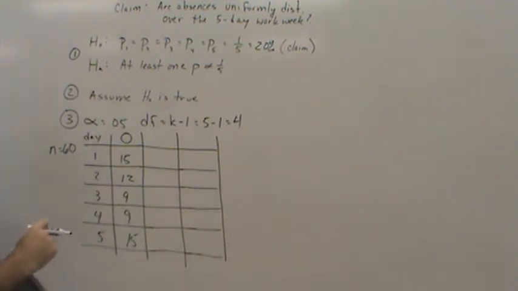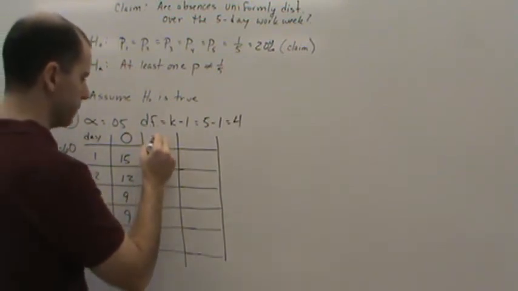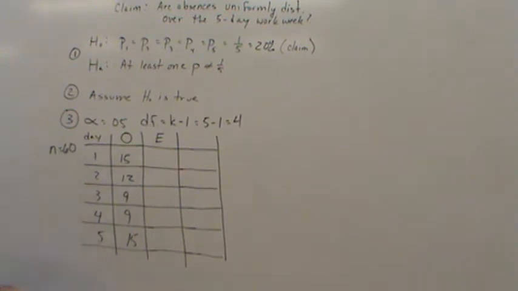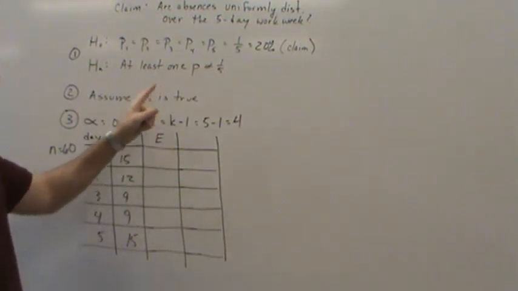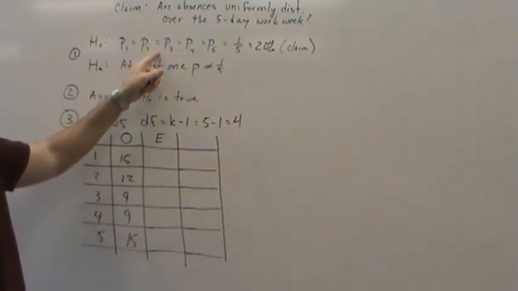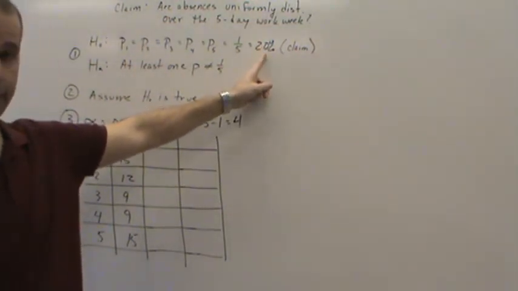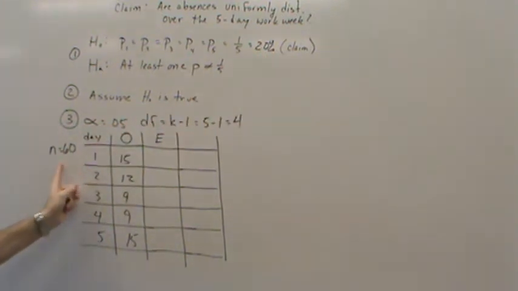Anyway, so now the expected values, the expected frequencies. How do we figure out the expected frequencies? Well, the expected frequencies are based on the assumption that the null is true. So if the null is true, we would expect each frequency to be 20% of the 60.